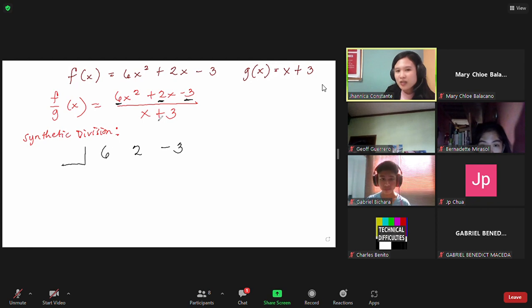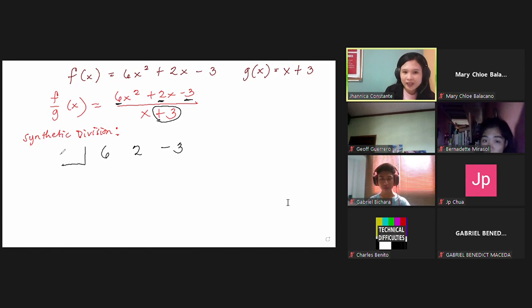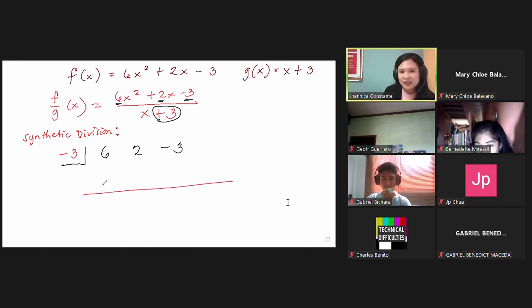Divide the opposite of the constant number of your divisor. The opposite of positive 3 is negative 3. So divide by negative 3. The first coefficient in using synthetic division, we're going to bring it down. So 6.